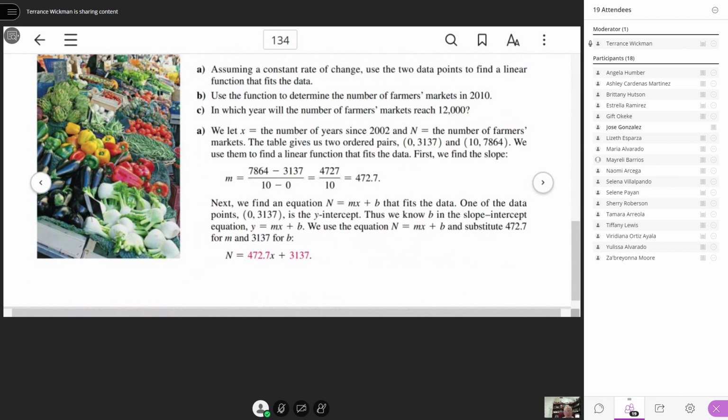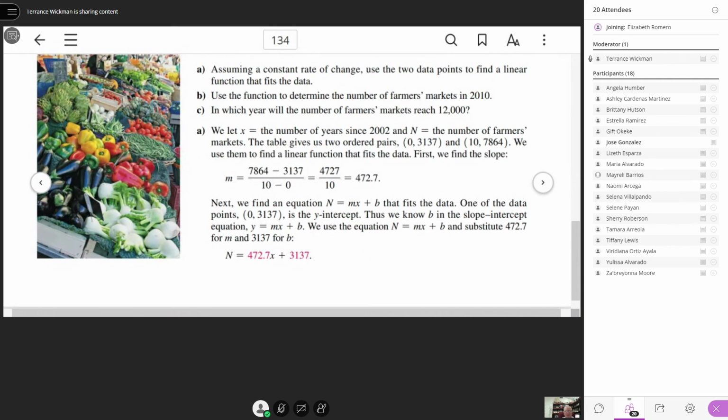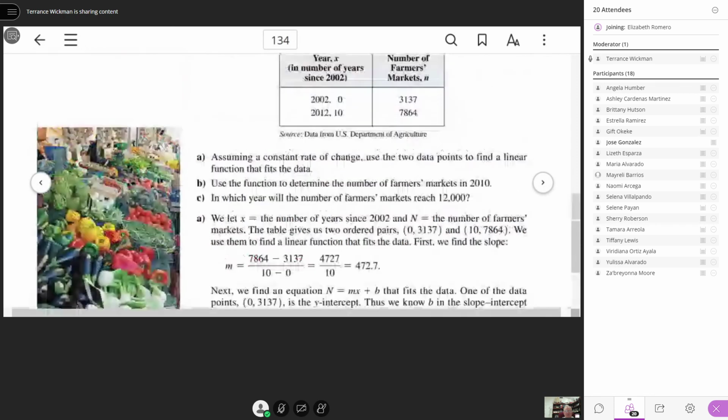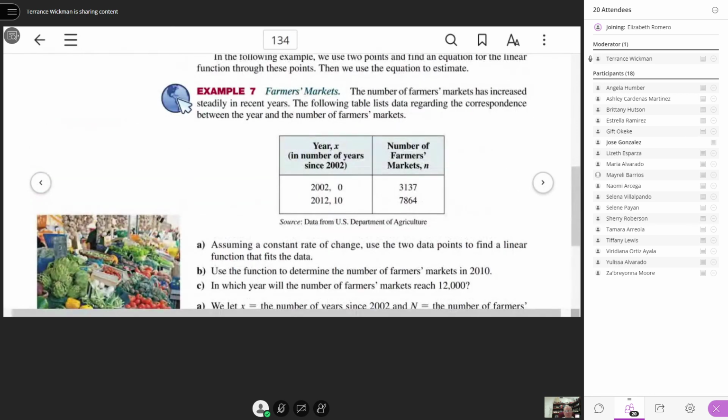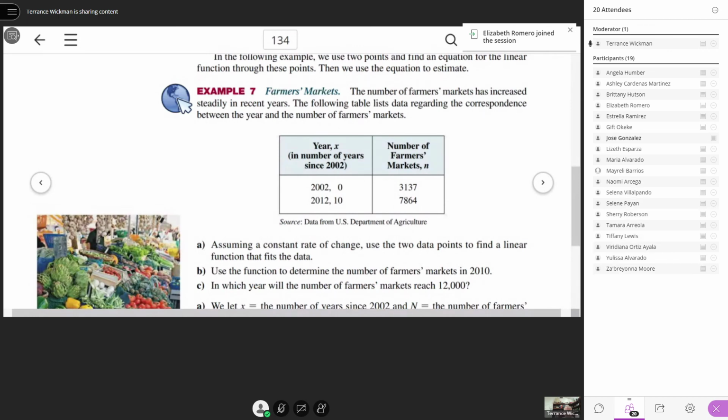And to complete your graph, where do you get the 3137? Does anybody know? Well, that's the number of farmers. Yeah, it's the first number. At 0, when it starts out, it's 3137.